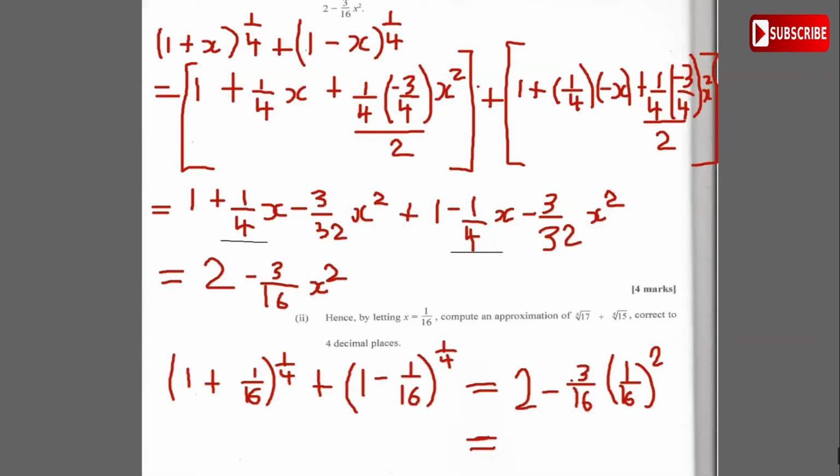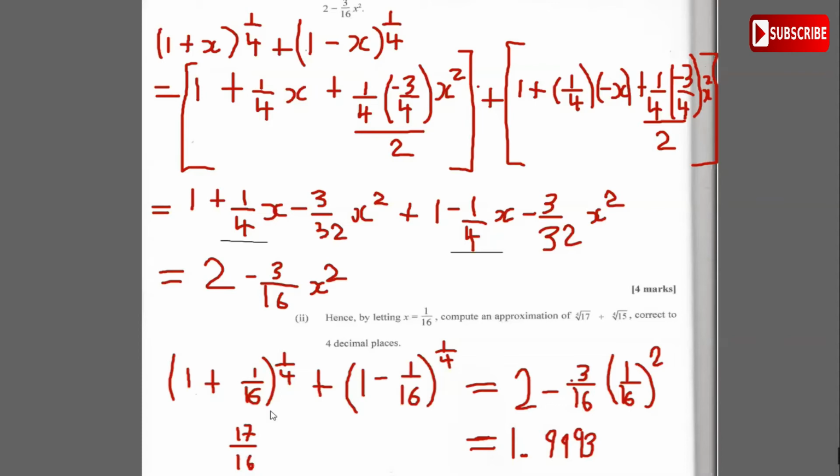On the right hand side, I'm getting 1.999, and it says the 4 decimal place, so I'll keep it at 9 here. 1.9993. And then looking at the left hand side now, 1 plus 1 over 16, that is 17 over 16.